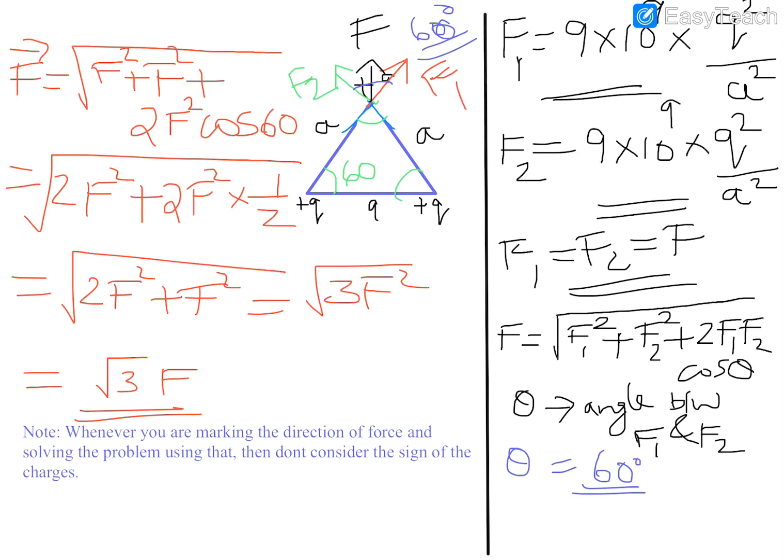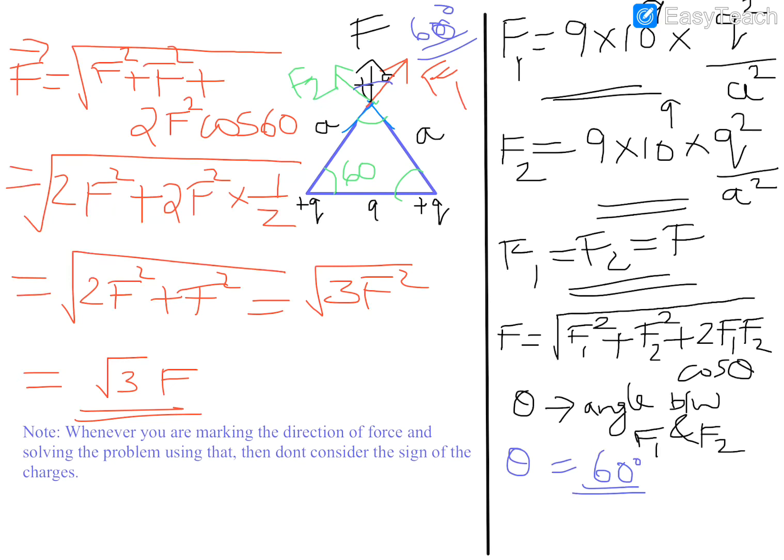In all these problems, please remember that whenever you are doing by considering the diagram, direction of force and all, don't consider the sign of the charge. If it is plus q or minus q, always consider that it is plus q or q. Okay, if it is minus 2 microcoulomb, don't consider that minus sign. It is 2 microcoulomb.